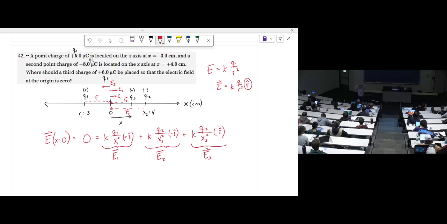Other questions? Yes? What prevents this? We're not talking about the interactions between each of the charges. We're just talking about how the three existing charges interact with the origin. Good question. So yes, you're right.